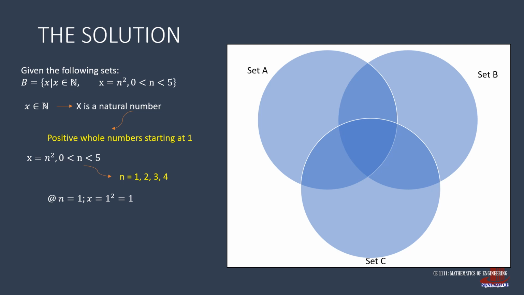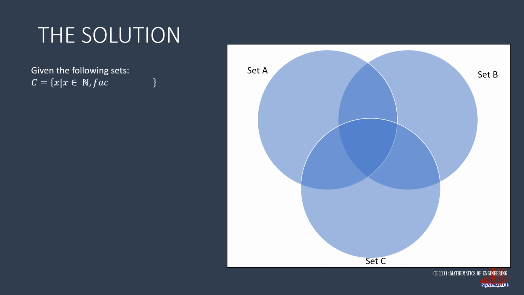With n equal to 1, x is computed as 1 squared, which is 1. With n equal to 2, x becomes 2 squared, and that is 4. With n equal to 3, x is taken as 3 squared, which gives 9. With n as 4, x is 4 squared, giving 16. Thus, the elements for set B are 1, 4, 9, and 16.